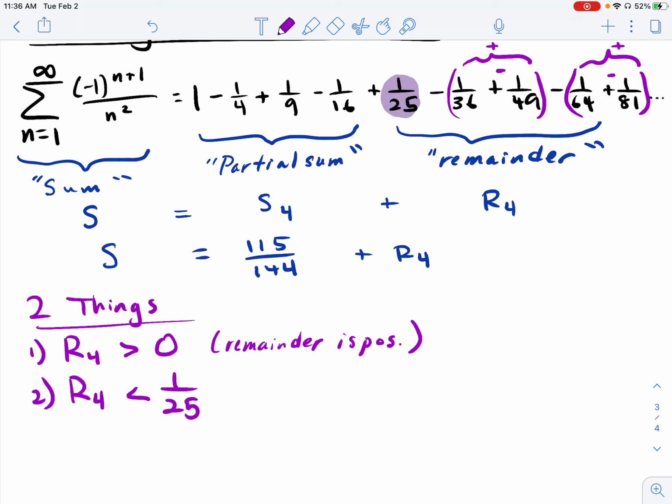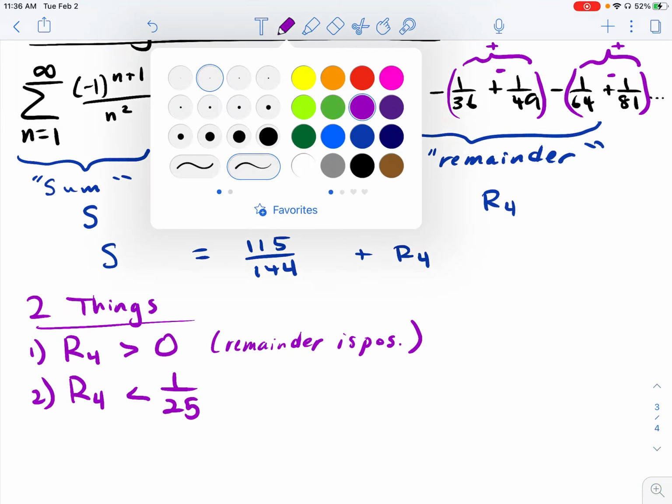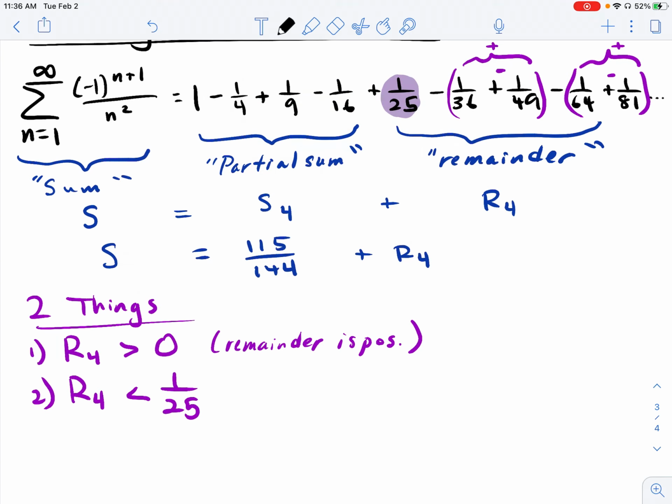But because I established in my first fact that my remainder is positive, I know that while it gets smaller, it never dips below 0. It stays positive. So I'm able to state pretty definitively that my remainder, R sub 4, is less than 1 over 25. From here, this gives us a good sense of what our bounds for our remainder must be.